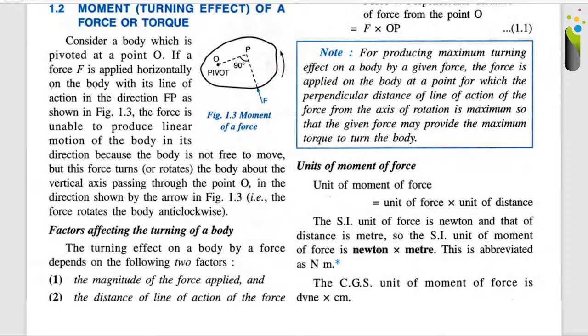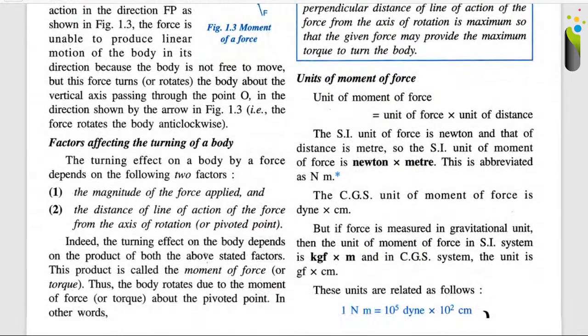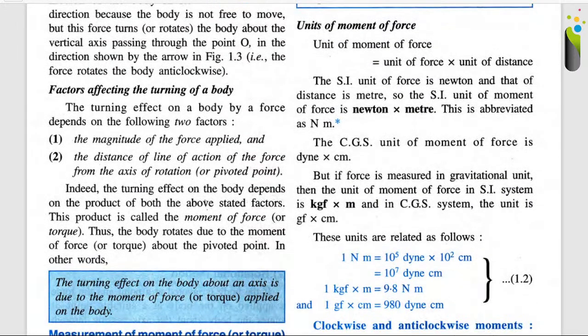Now, coming to the next, units of moment of force. Unit of moment of force is equal to unit of force into unit of distance. The SI unit of force is Newton and that of distance is meter. So the SI unit of moment of force is Newton into meter. This is abbreviated as capital N small m.